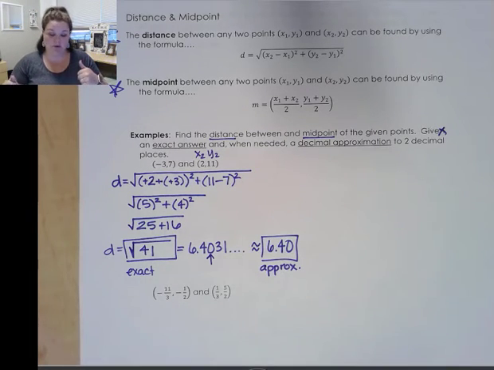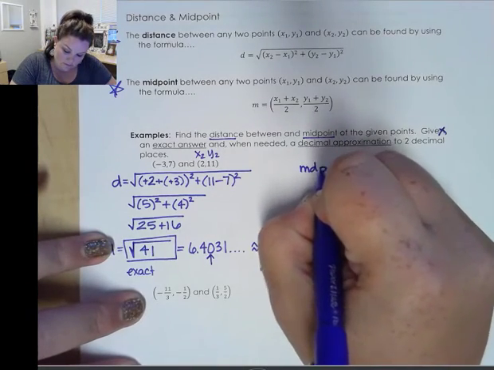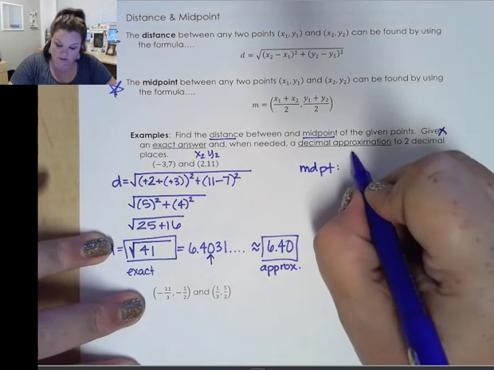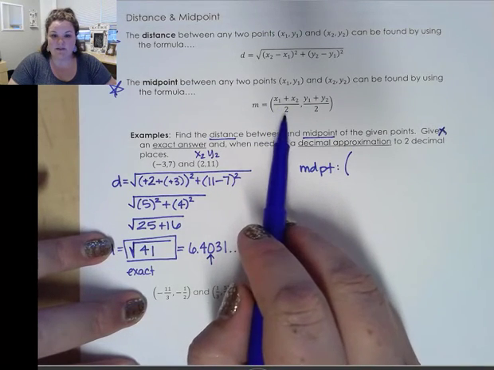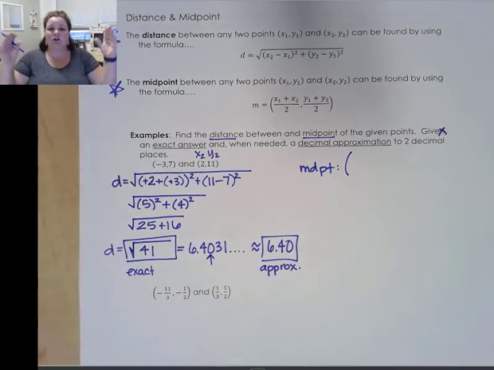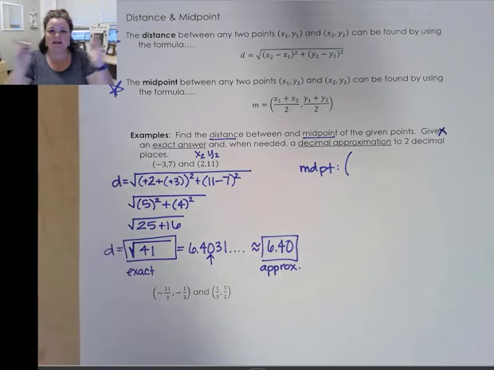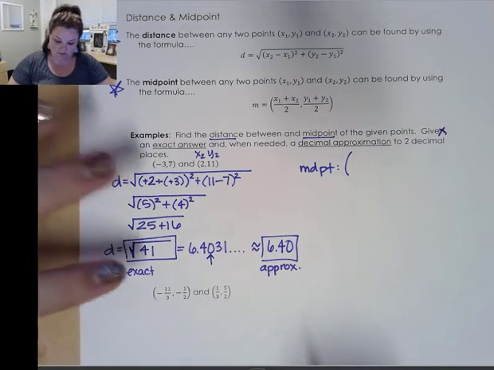Now we want to look at our midpoint formula. So our midpoint formula looks like my x's added together divided by 2 and my y's added together divided by 2, which makes sense, right? Because we're trying to find that middle point. So that means we need to average our x's and average our y's so we find that exact center point, right?